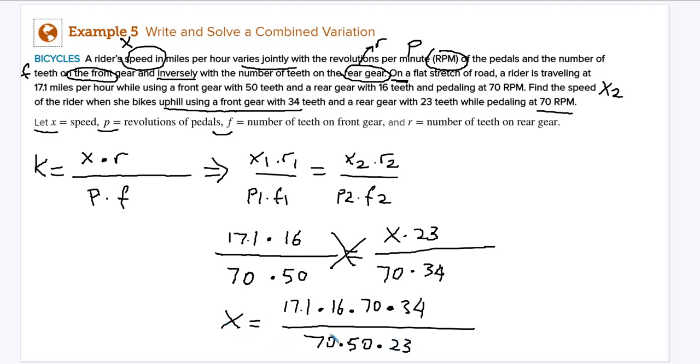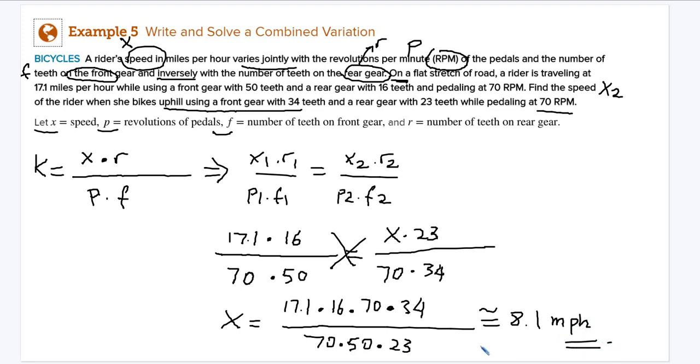Since X is here, we are looking for it. So the answer will be this one. If we put these all in the calculator, we are gonna get something like 8.1 almost, if we round it to the nearest tenth. That means the speed of the bike will be 8.1 miles per hour this time.